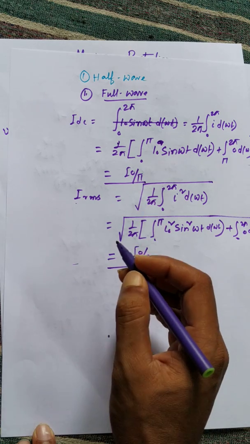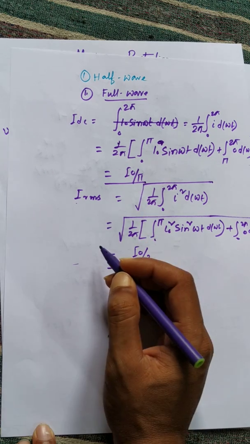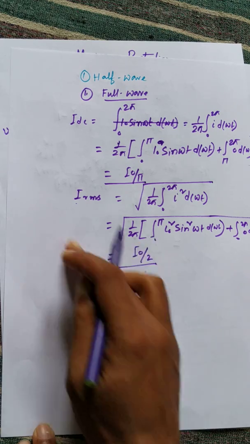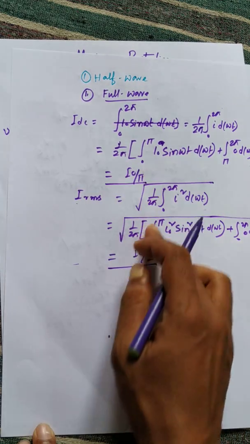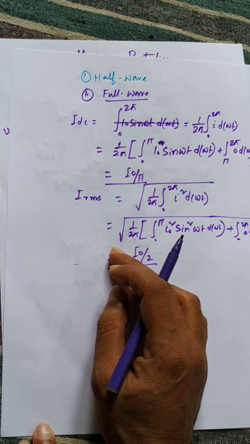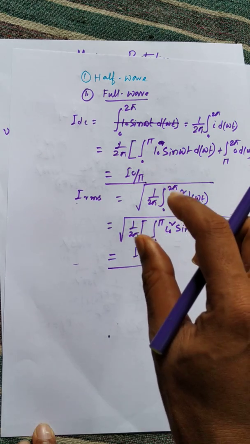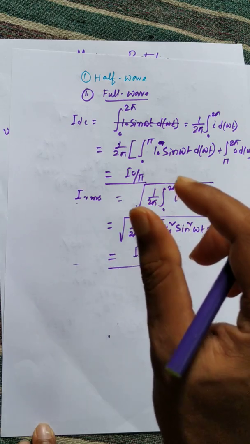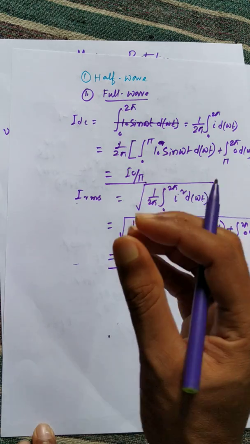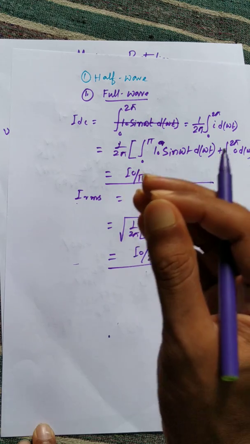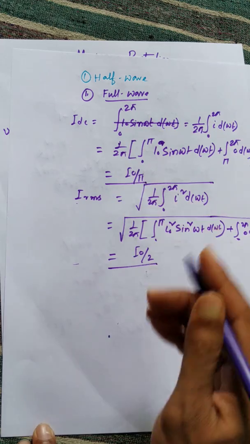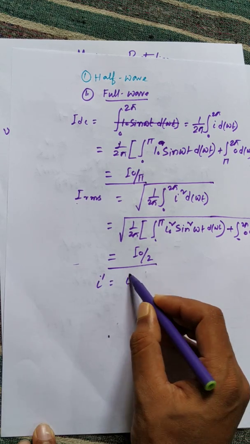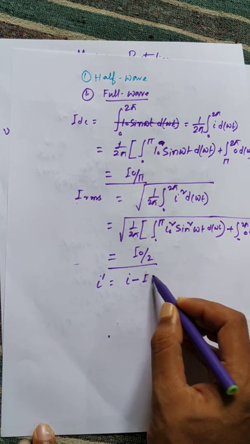AC current flowing is I0 sin omega t, the current flowing in the circuit during the positive half cycle, and this current also flows through the load resistance, but we already calculated the DC value. So what will be the AC value flowing through the load resistance? This is I prime equal to I minus IDC.